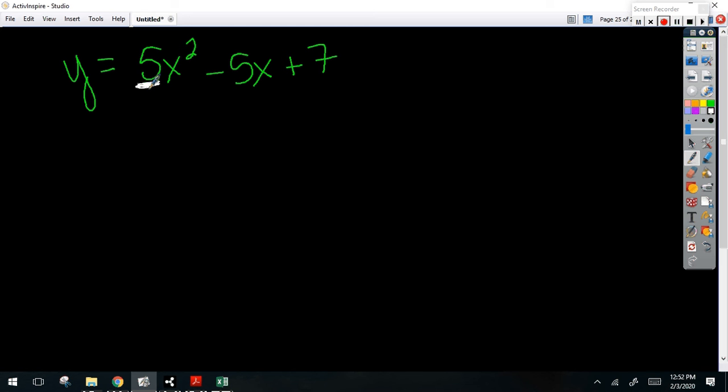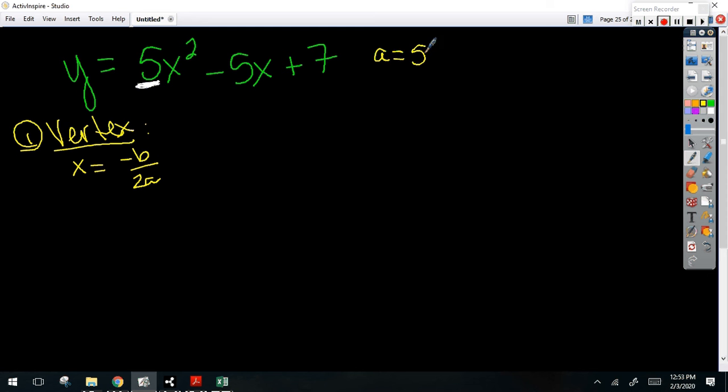All right, here's where we start getting a little sticky is when we start finding some of these points because this one's not going to be nice and even. But that's okay. All right, step 1. Find the vertex. So we're going to find x first. Well, looking at your equation that we started with, tell me what is A? What is B? And what is C?